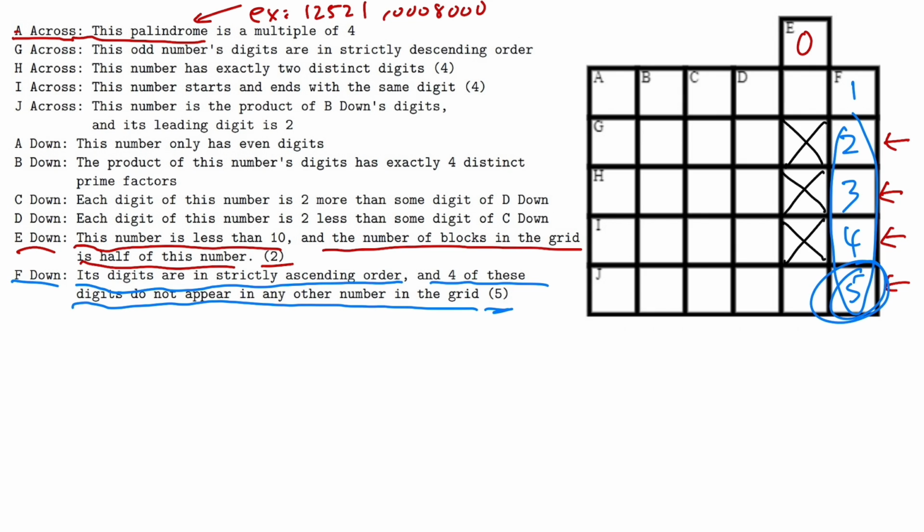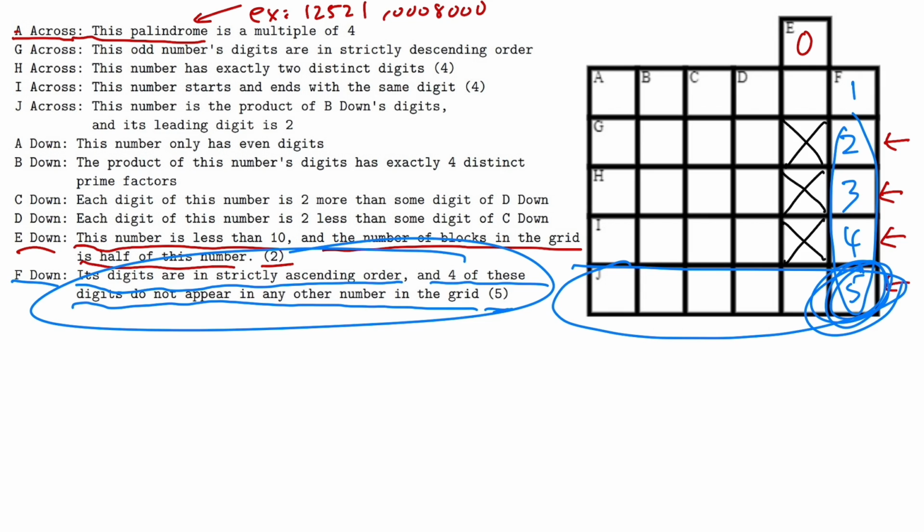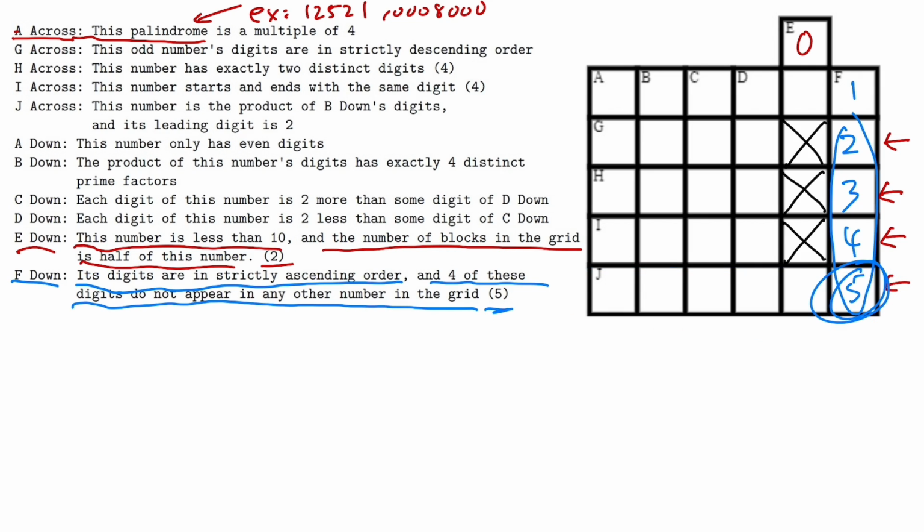And then J across. If you go from here all the way across, that means the number J across will also contain the number 5. That violates F down. So in fact, this might be the confusing part. We must have another block here. In fact, J across must be a 4-digit number as well.